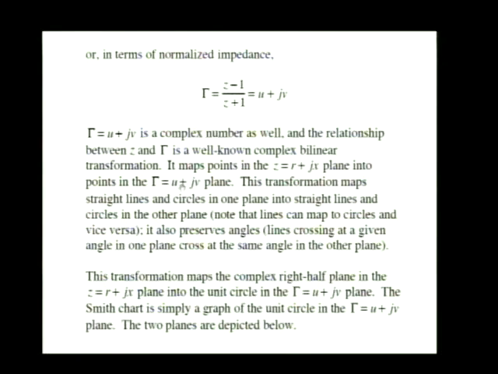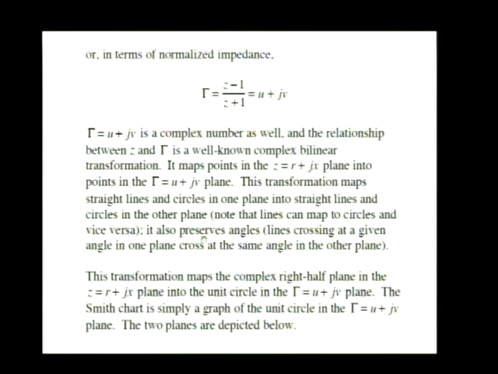You have to understand that straight lines can be mapped into circles and circles can be mapped into straight lines, so we can in general say that lines and circles get mapped into lines and circles by any transformation of this sort. Also, these types of transformations preserve angles.